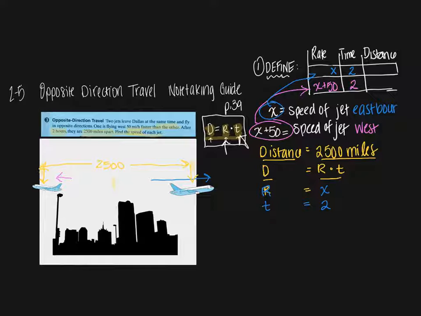So therefore, for my blue d, I'm just going to plug these variables in up here. Instead of r, I'm going to put x, and instead of t, I'm putting 2. So d equals x times 2, or I could rewrite this as d equals 2x. So my distance up here in my blue is 2x, but that's also equal to 2,500 miles.